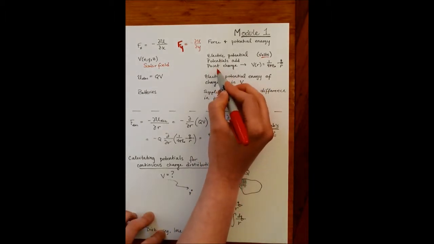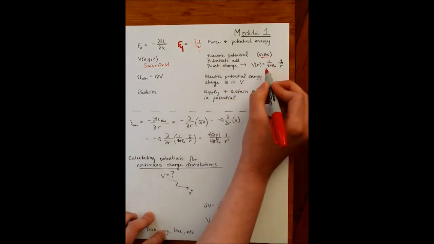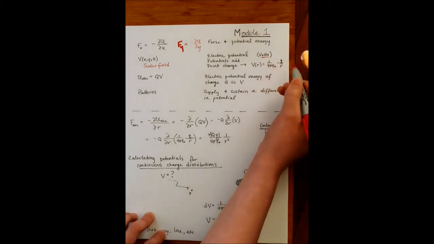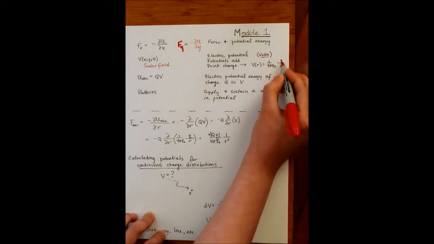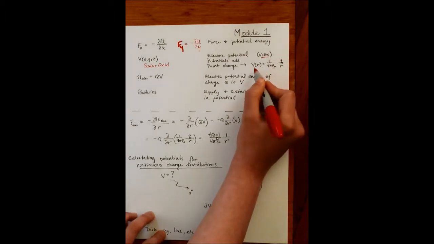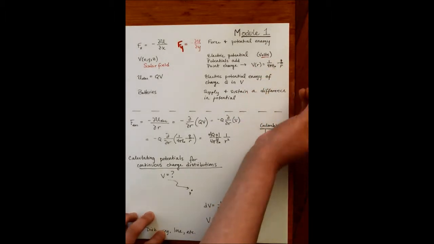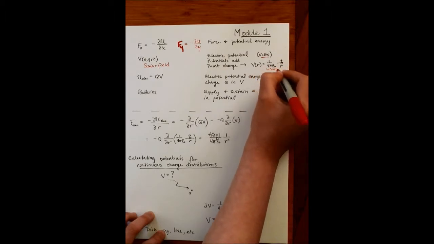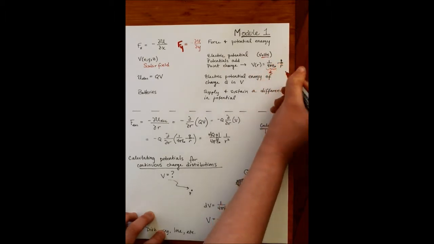The electric potential for a point charge is just equal to 1 over 4 pi epsilon naught, this is just a constant, times the charge Q divided by R, where R is the distance between the charge and the point where you're trying to calculate the potential. And this coefficient is sometimes called K for short.